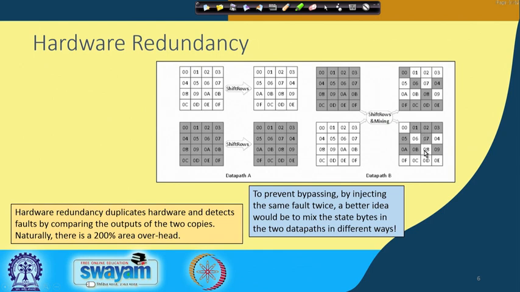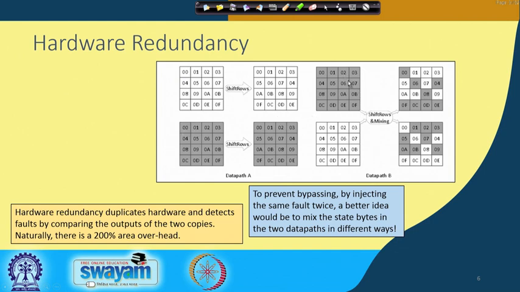You can already understand that if these are always matched, then I should again get the same encryption or same operations for both of them. But what is the advantage of doing that? Remember that the fault attacker is trying to bypass it. If he knows that he will try to corrupt a specific byte where the chance of corruption is higher, the probability that he injects the same fault in the other pair is also probable, means probably doable.